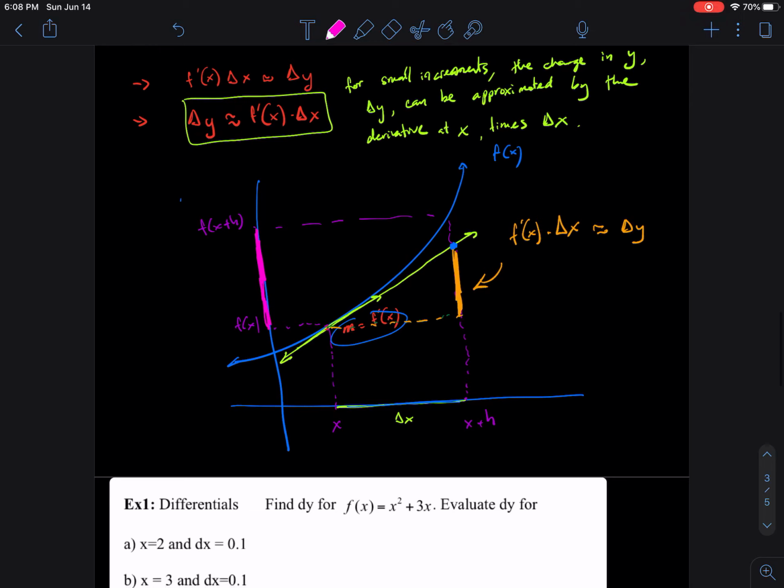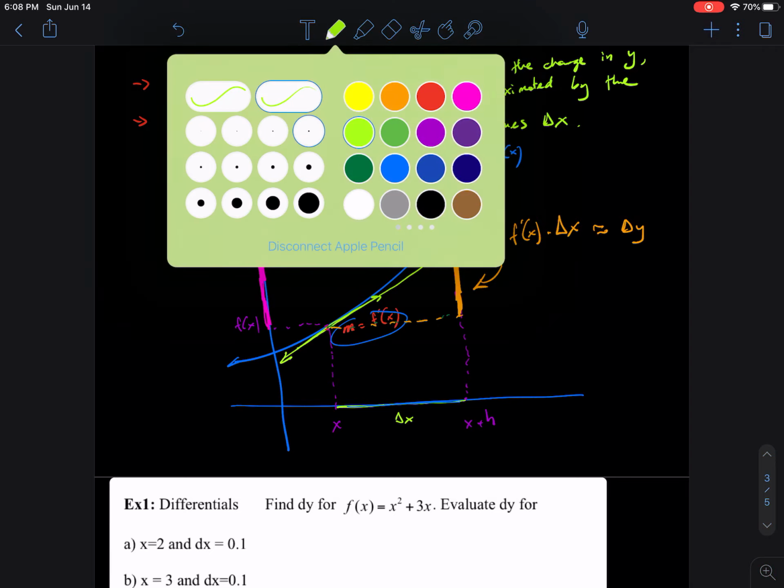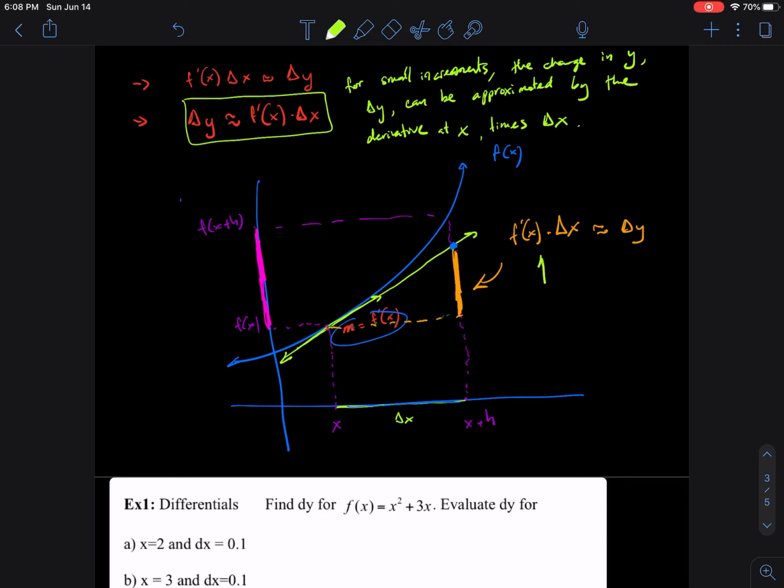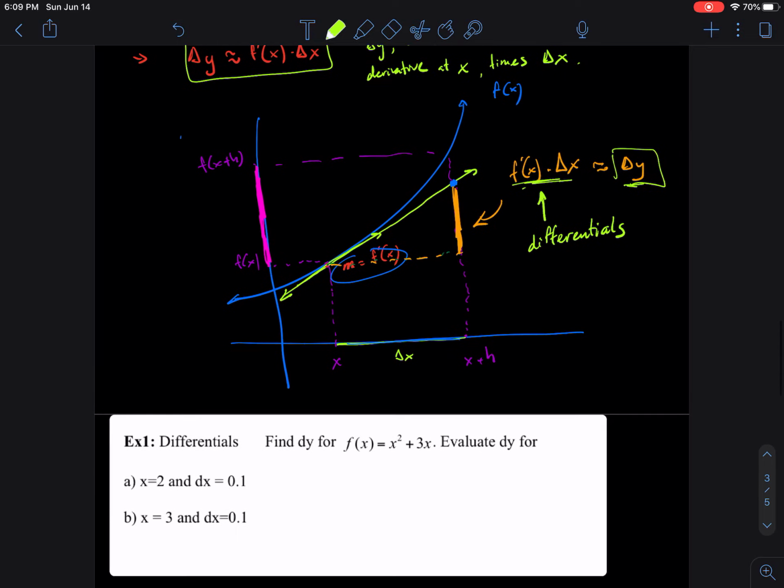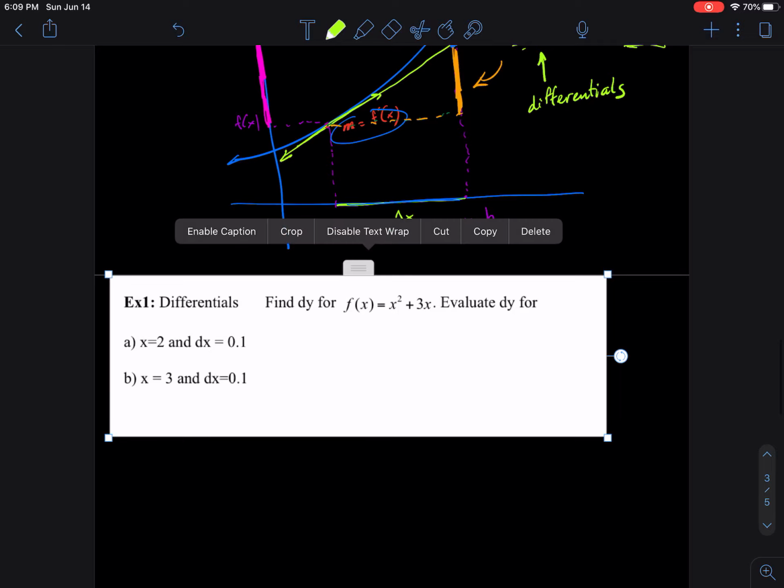So you can see with a small value of delta x, we can make this happen. What we call this thing here, that right there, we call the differential. So f prime of x times delta x, we call that differentials, and we use that to approximate the change in y, the change in the function value.